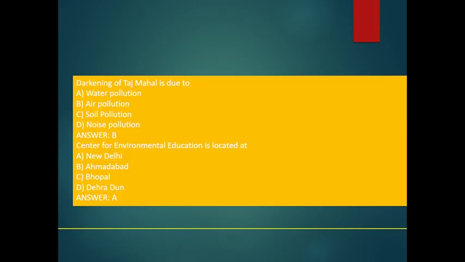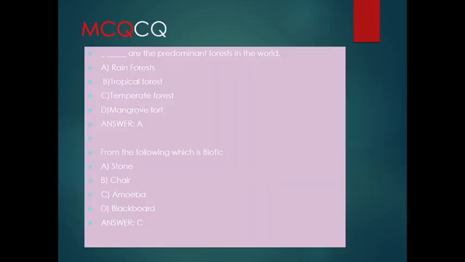The Center for Environmental Education is located at New Delhi. Next one is a repeat of the forest question we have already seen, the rainforest. Then the next one, biotic.